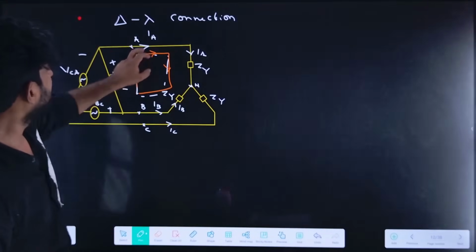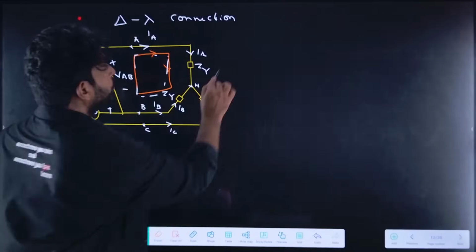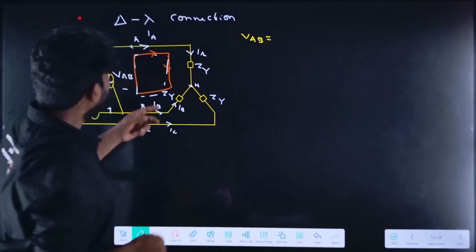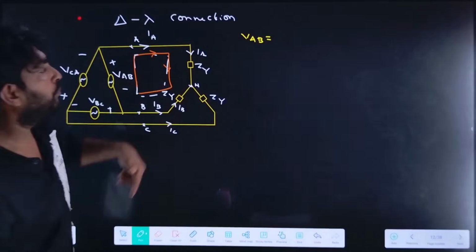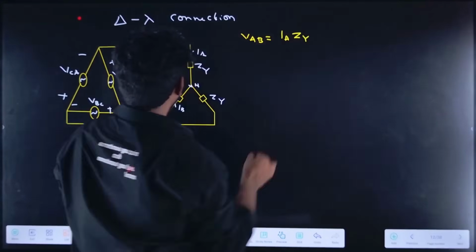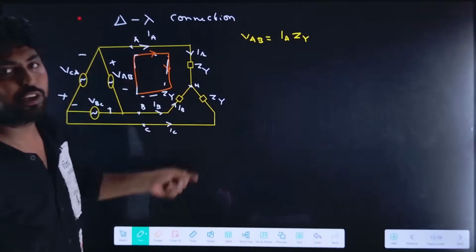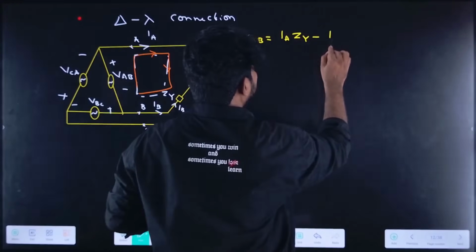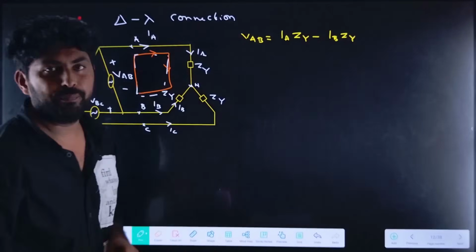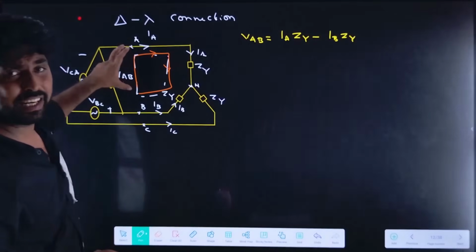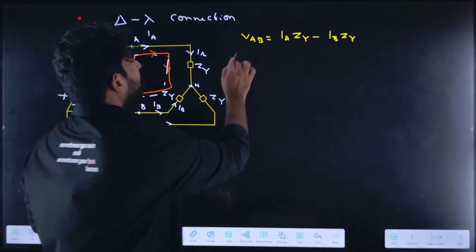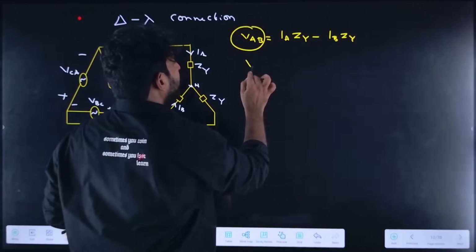KVL in this loop: VAB equals IA times ZY minus IB times ZY. Here VAB is the line voltage, which equals the phase voltage in the case of a delta connection, so we can write it as V phase also.